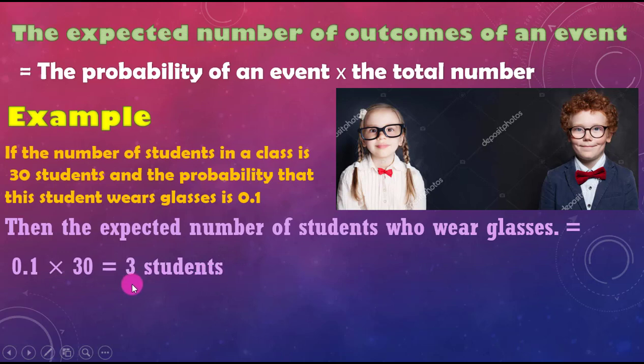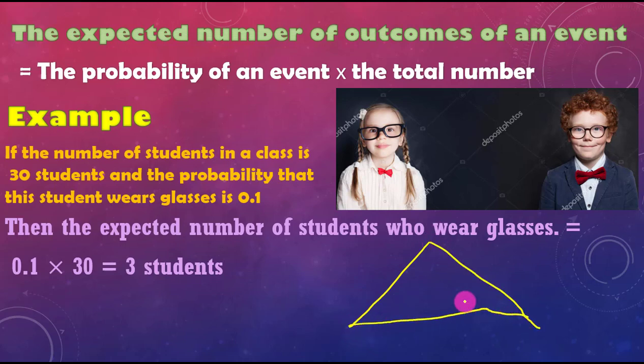And also, I can add this magic triangle, and it is very important. Sorry for the bad drawing. Here the probability, here the number, here the total.